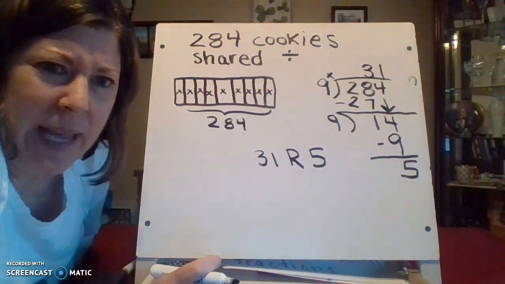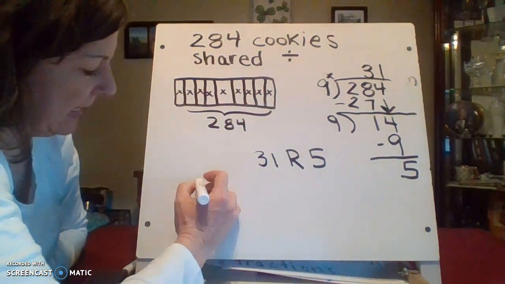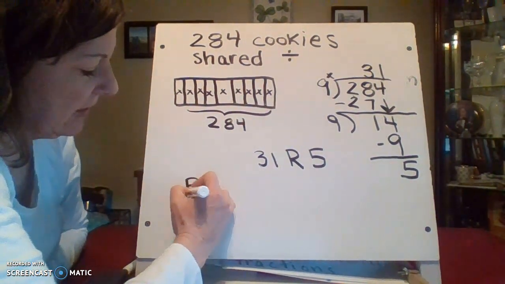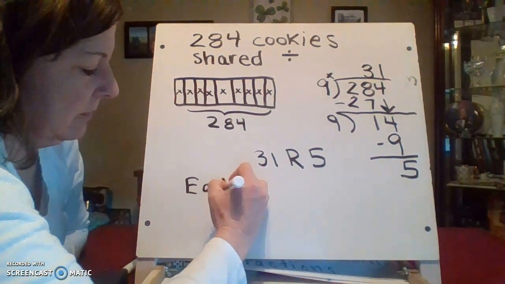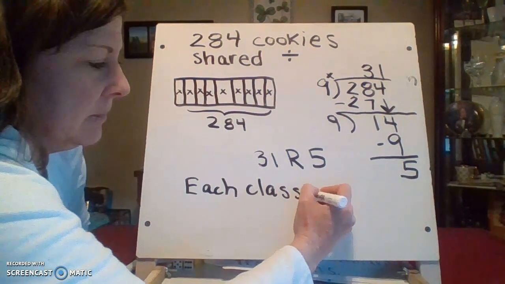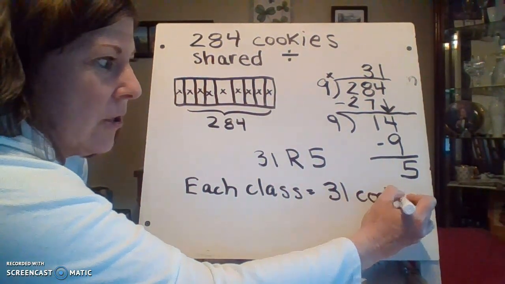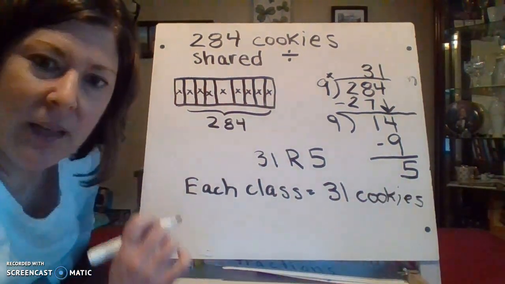But let's talk about what that means. What's the 31? Well, the 31 is for each class. They're each getting 31 cookies.